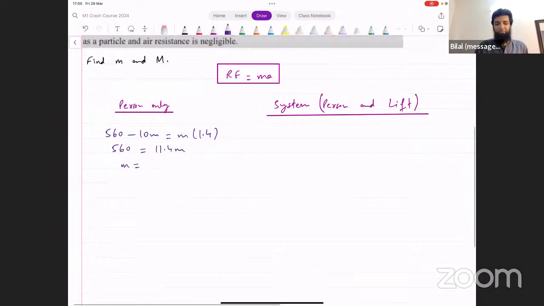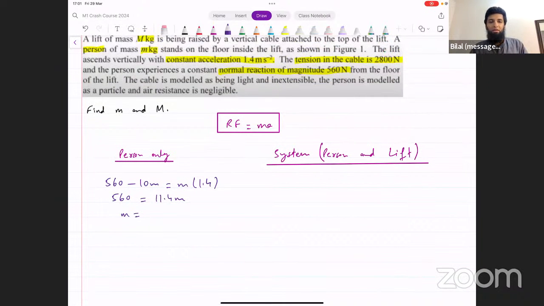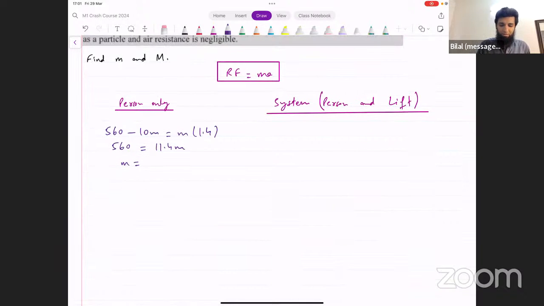What's the value of m? 49.1228. This is the mass of the person.